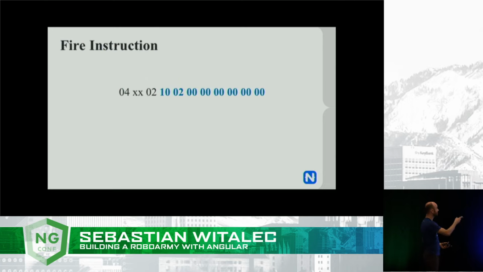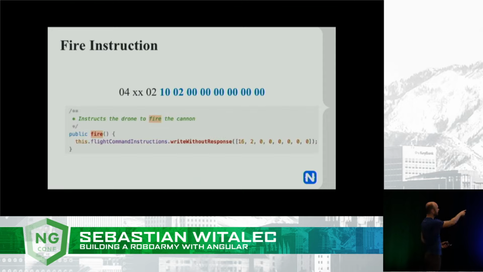So, hey, that's pretty much our fire instruction. I could take this hexadecimal value and turn it into a function in my service. That's how I was able to reverse engineer the original app so that we could run it in Angular. Pretty cool, right?